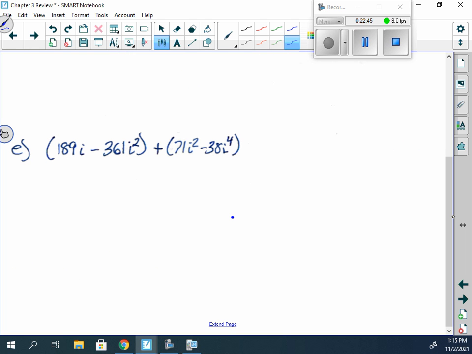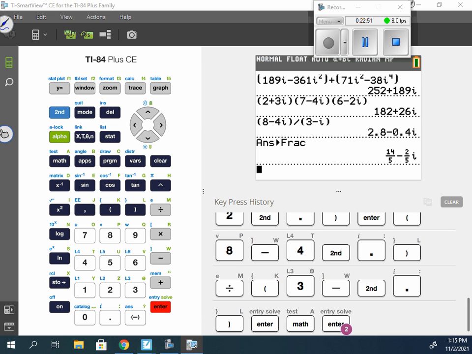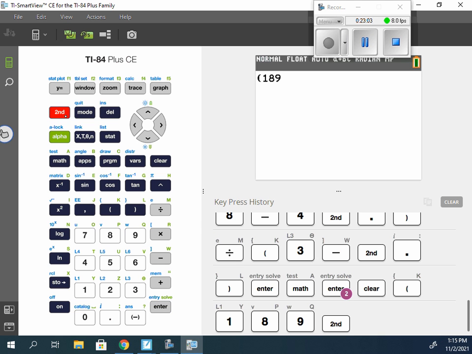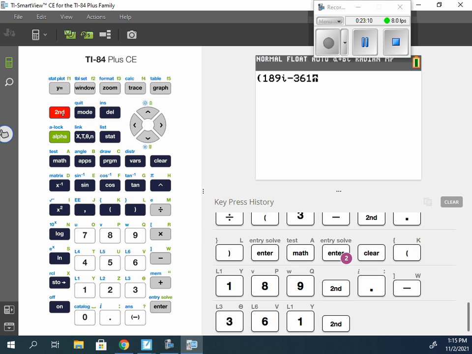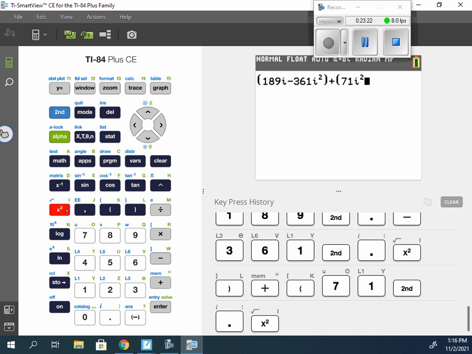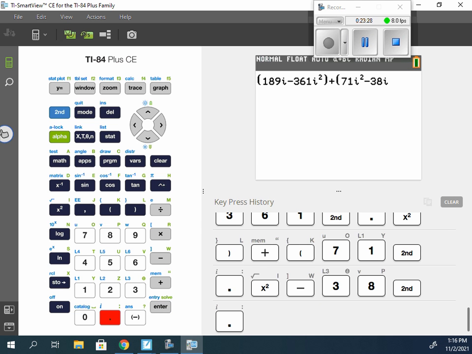How about E? So you do parentheses 189i minus 361i squared, close parentheses, plus open parentheses 71i squared minus 38i to the fourth.